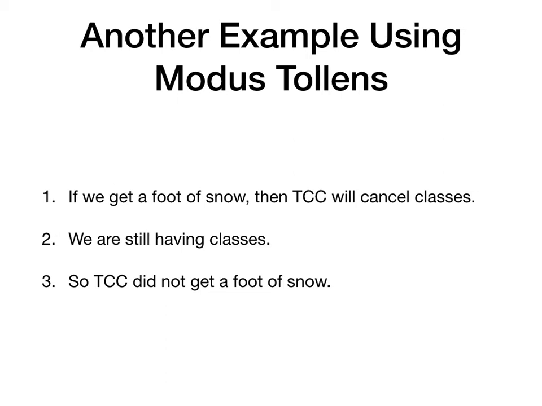If P, then Q; not Q; so not P. Think of it this way: a foot of snow isn't the only thing that will cancel classes, but it definitely will. So from the fact we're having classes, we know we didn't get that much snow.